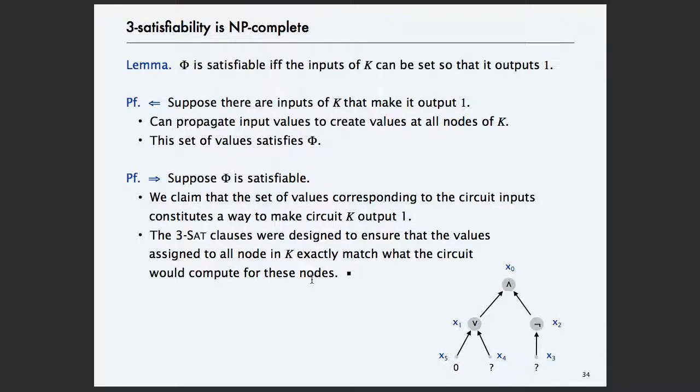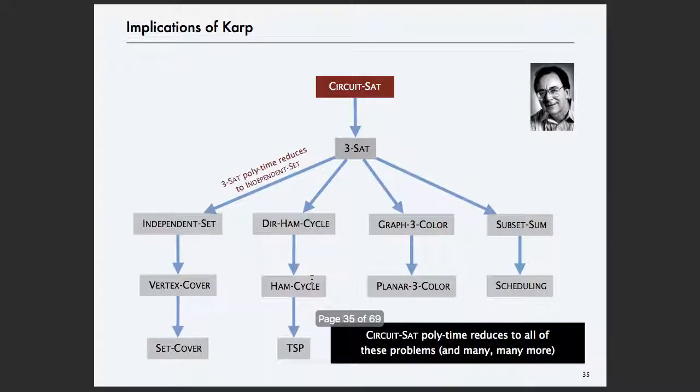And once you do that, you get a 3 SAT problem that corresponds to that circuit, which means that circuit satisfiability is reducible to 3 SAT, which means that 3 SAT is NP complete. We had also shown that a bunch of other stuff was reducible, right?